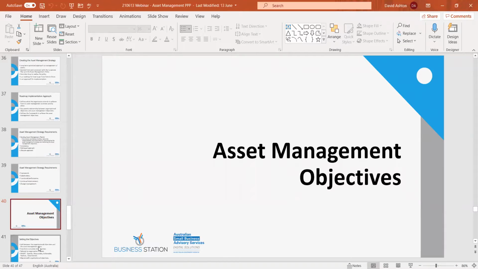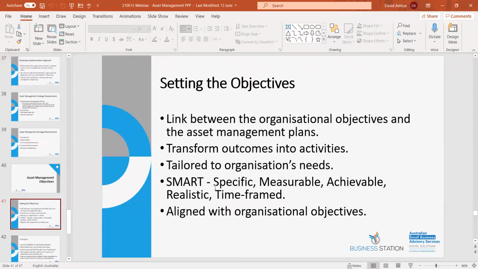And then I'm just going to give you some examples of asset management objectives. So in terms of setting the objectives, again, I reiterate they've got to be linked to broader organisational objectives. You've got to transform those objectives into activities, so the processes you're going to put in place to achieve those objectives. It's got to be tailored to your organisation's needs, so it's not a copy and paste from somewhere else. You've got to really sit down and say, what do we want to achieve as an organisation, and how are these assets going to help us achieve that?